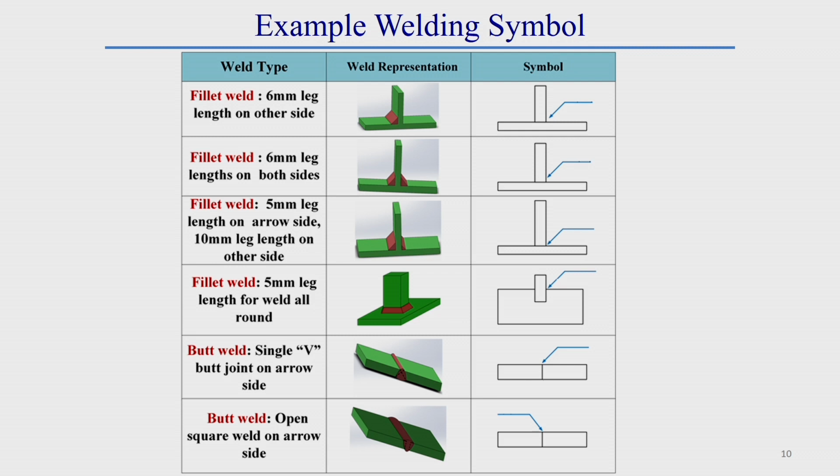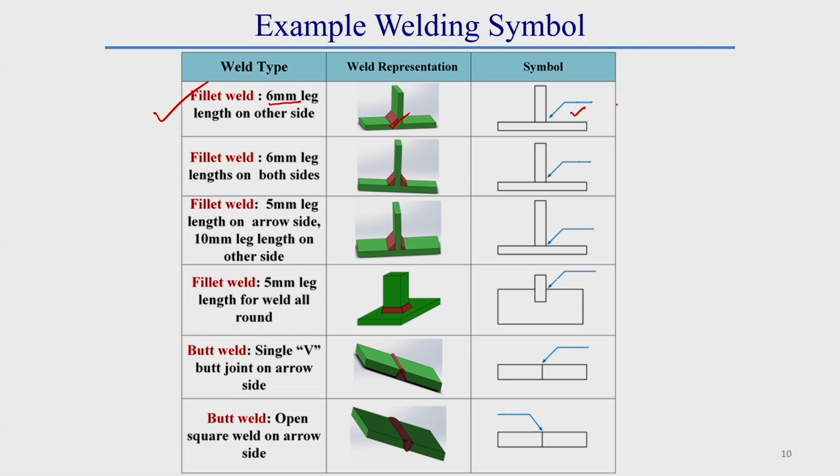Let us say this is a welding operation. In the first case, in a T joint we did a fillet welding whose leg length is 6, that means 6 mm leg length. Let us say this side I am interested to put the welding symbol.